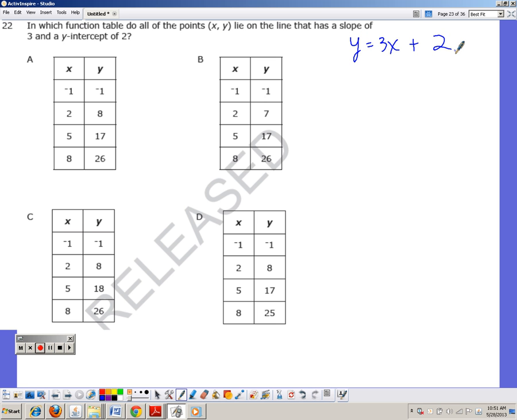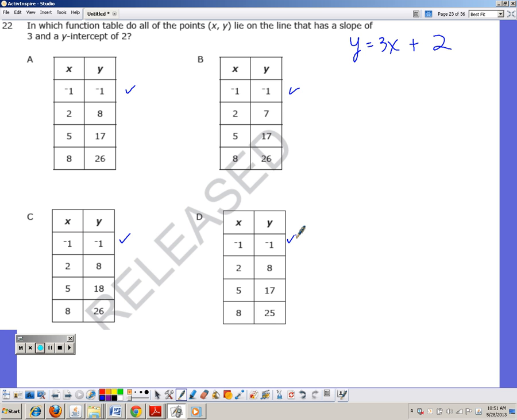So the best thing to do is to plug in your answers. Now, if you scan your answers, you'll see that all of them have (-1, -1).